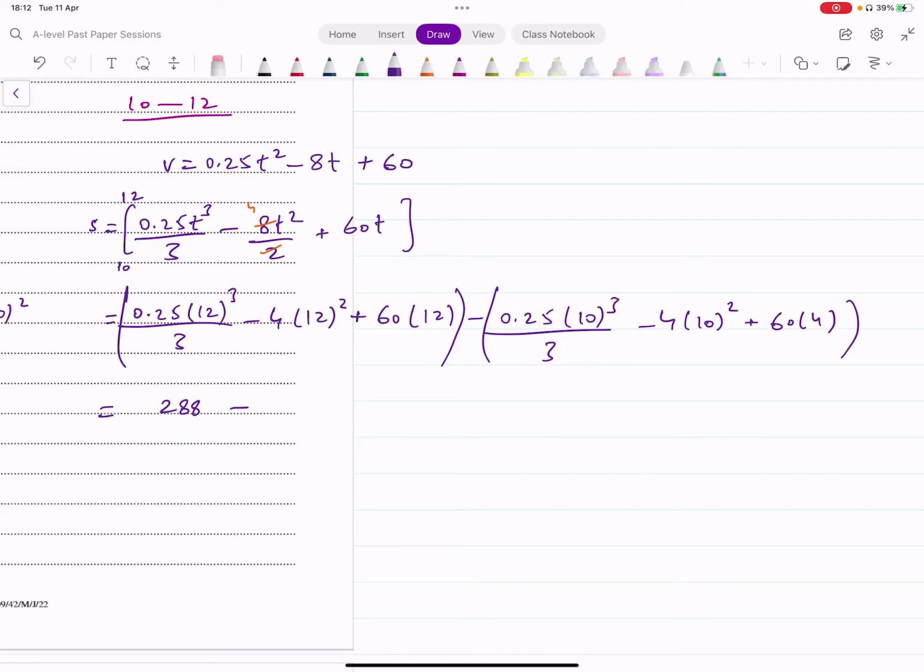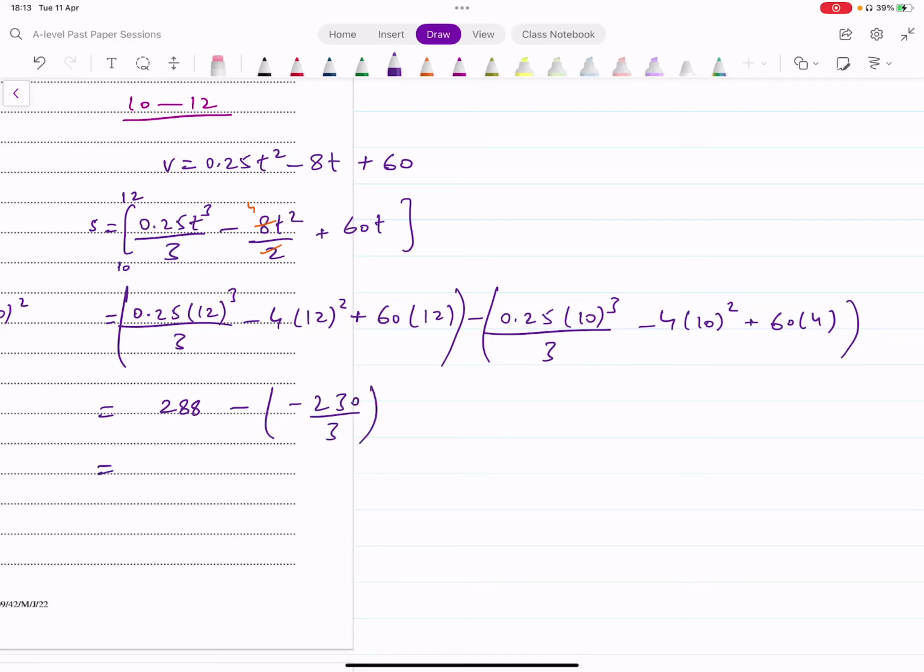Just confirm this. 0.25 into 10 cube, that's fine, divided by 3 minus 40 squared, so that's 4 into 100 plus 60 into 4. Okay, so I'm getting minus 230 over 3 from this.